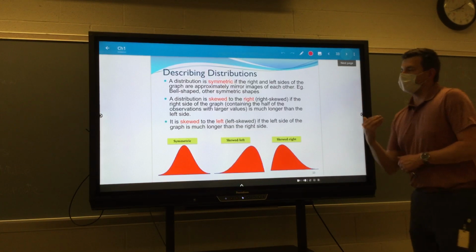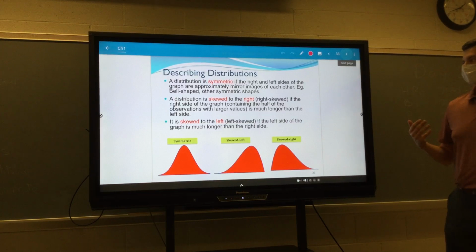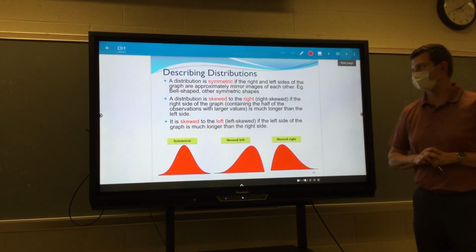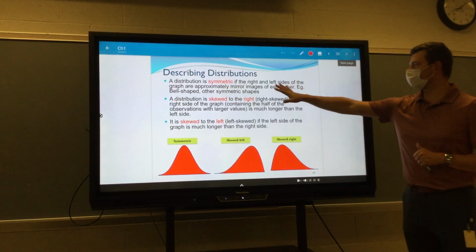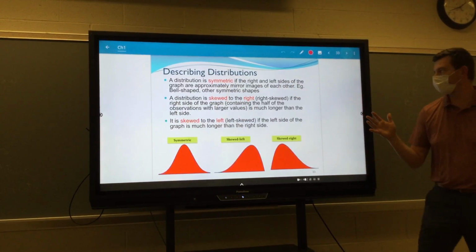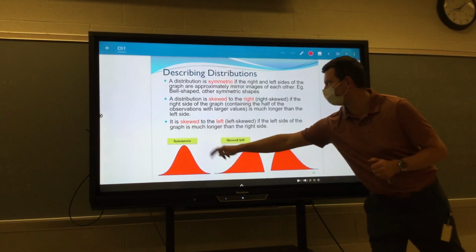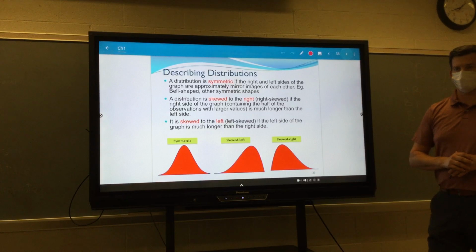The most common type of distribution that we will be seeing and working with is a symmetric distribution. If the right and the left sides of the graph are approximately mirror images of each other, okay, they're bell-shaped, we'll see that term a lot, they are symmetric in their distribution.